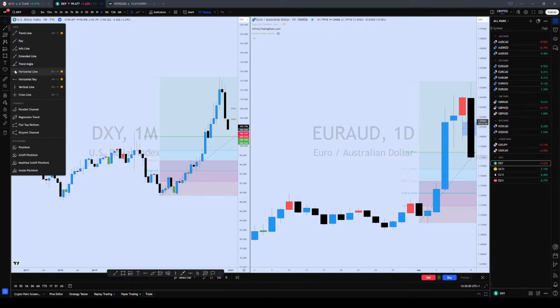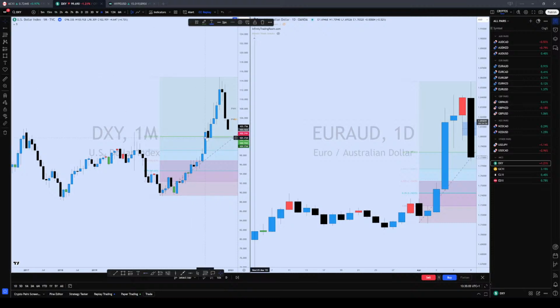When that down candle is broken, that is a sign we are going lower to 50%, which is here, and then OTE, which usually will come between the 618 to 79 retracement level.